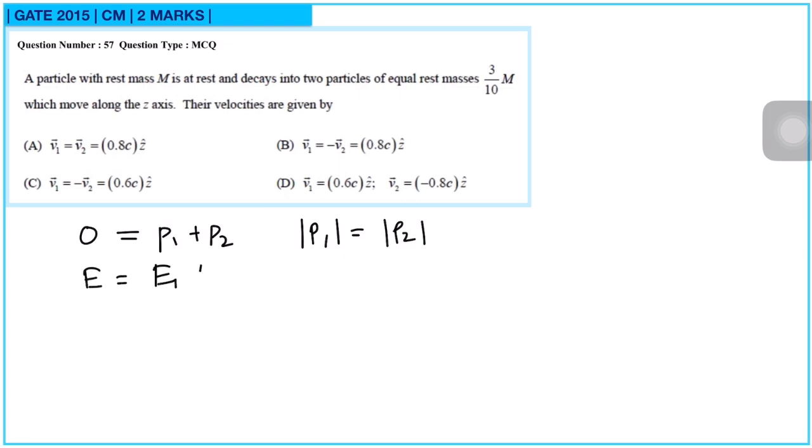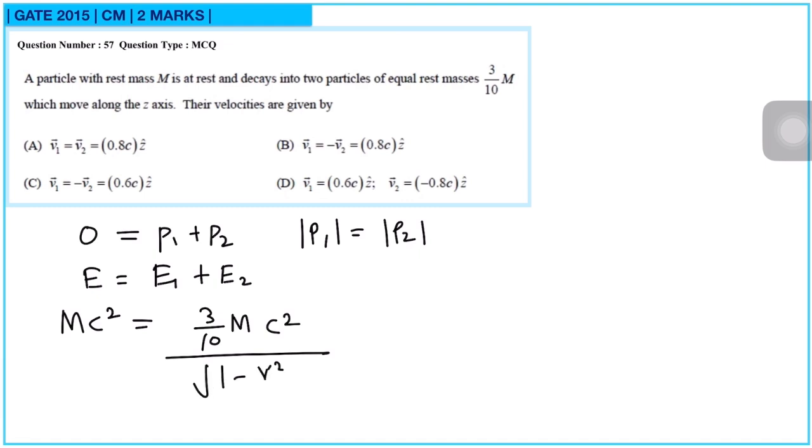So initial energy is E1 plus E2. Now initial energy is mc square, and these two masses are of equal mass, 3 by 10, 3 by 10. So that will be equal to 3 by 10 m into c square upon root of 1 minus v square by c square.